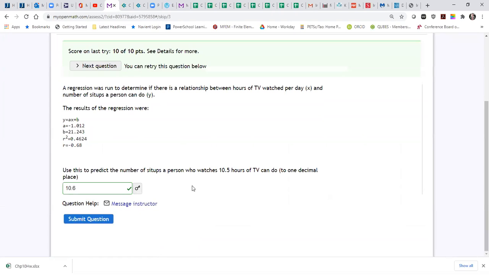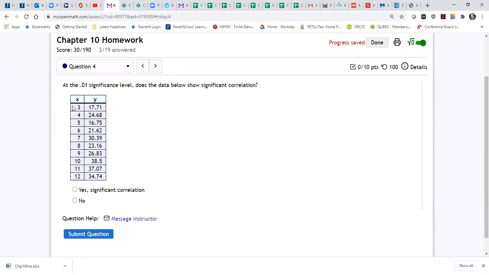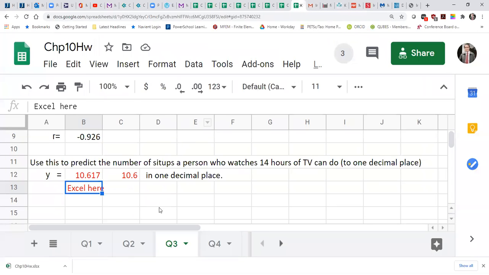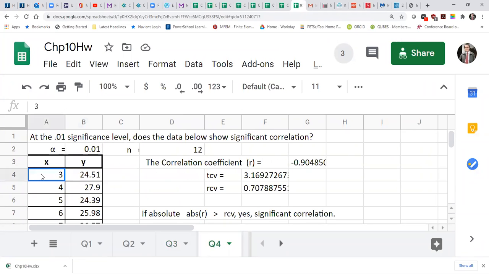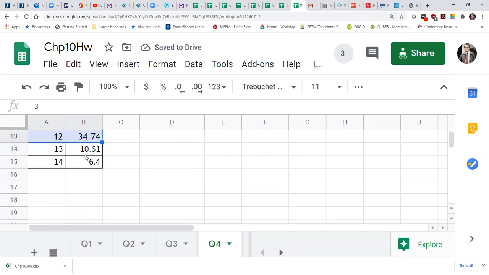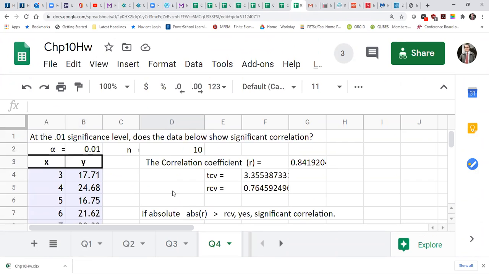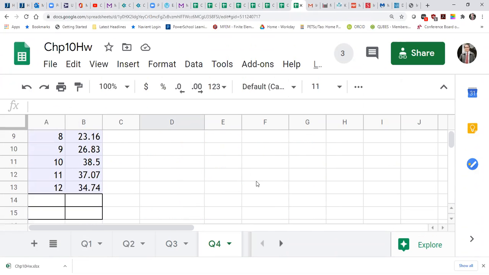Okay. And the next question. Yeah, again, you just need to copy this and then place it here, and erase the one that you don't want, right? So just highlight it and then press the delete button. And now you need to change. So now the data is from 4 to 13, right?